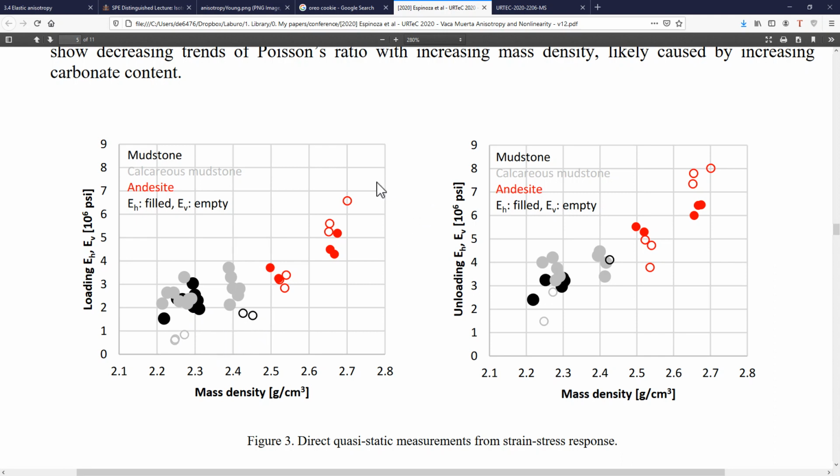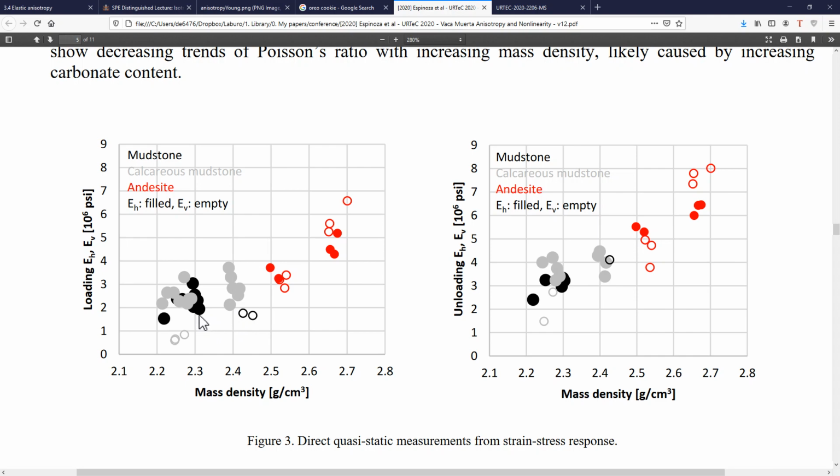And for example, this other rock was an igneous rock and had a lot less anisotropy than the shale rocks.